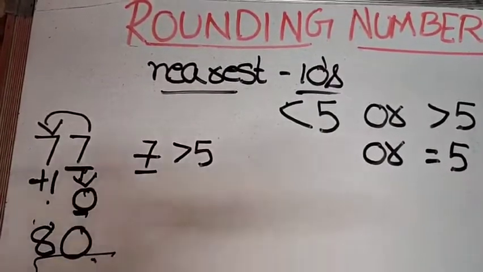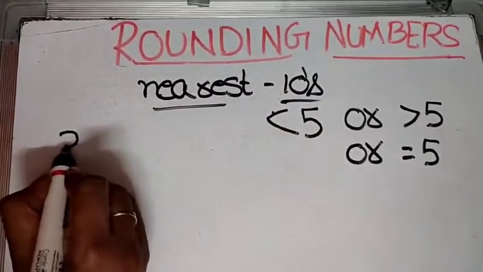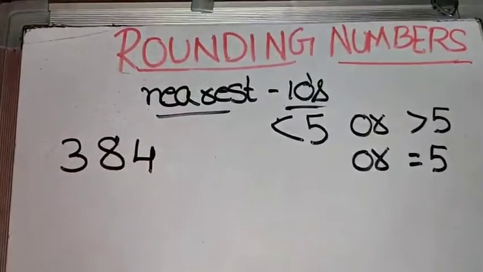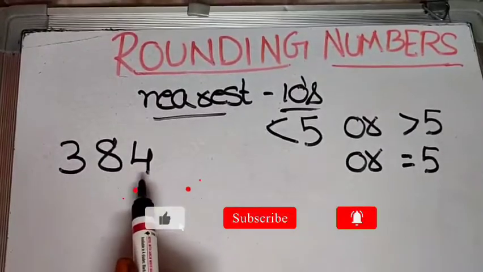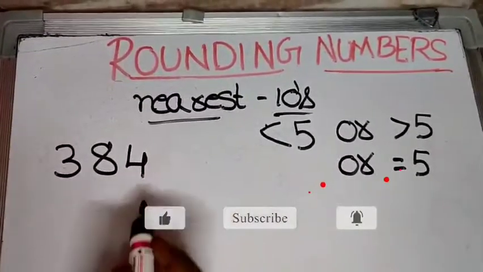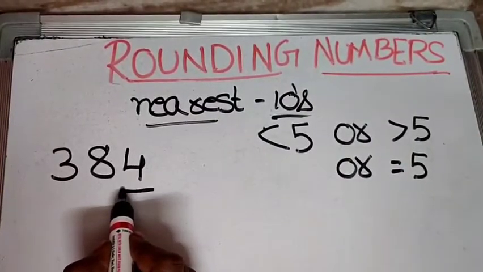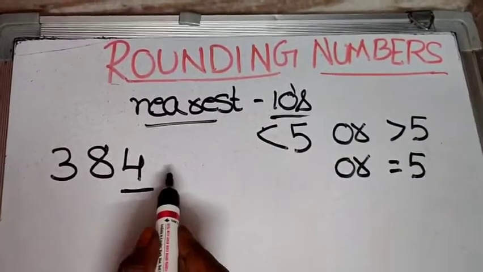Let us see one more example. Here I am taking 384. We have to find the rounding number of 384 to nearest tens. Whenever you want to find to nearest tens, always check the ones place digit whether it is less than 5 or greater than 5 or equal to 5.